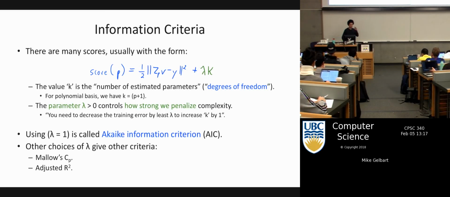Okay, so you may have heard from your statistics course or somewhere of the AIC, or some of these other criteria for deciding model complexity. And these are all part of this family of I'm penalizing by some amount, and if I pick lambda in specific different ways, then I have different names.